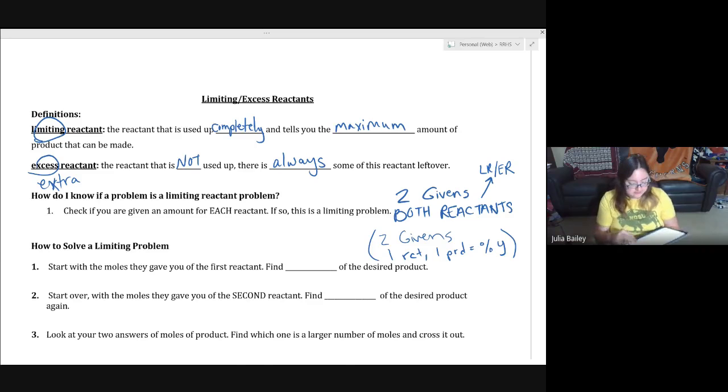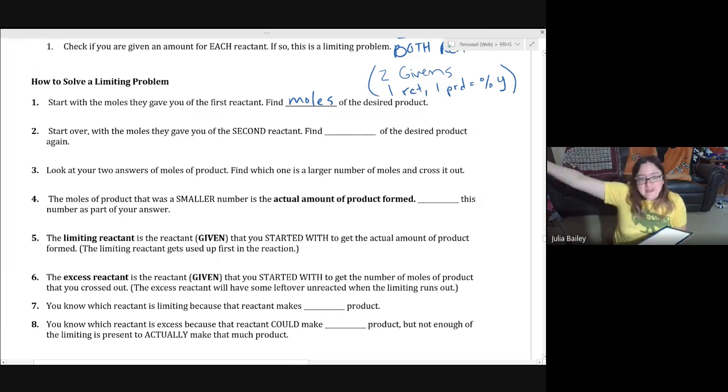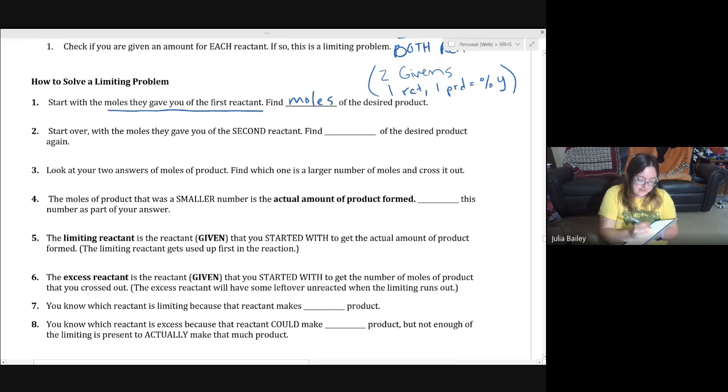And there are some steps to solving a limiting problem. First of all, start with the moles they gave you of the first reactant, and you're going to find moles of the desired product. So that's a mole bridge. It'll be like X plus Y yields Z, and you'll do a little mole bridge from X over to Z. Then you're going to start over with the moles they gave you of the second reactant and find moles of the desired product.